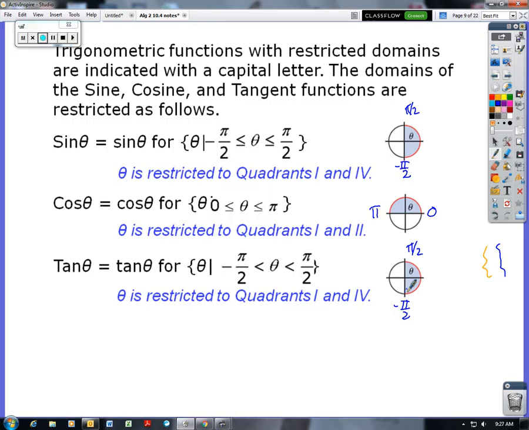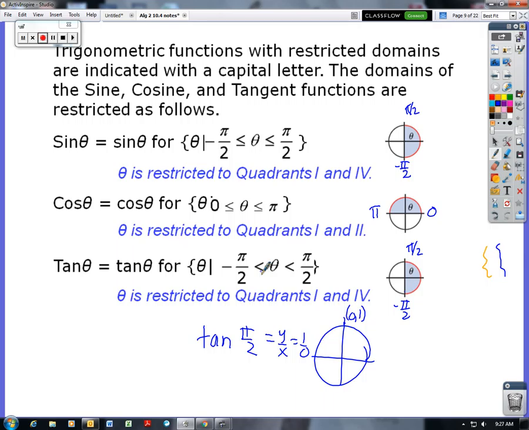It's impossible there. Because notice what happens if you do tangent of pi over 2. Remember on the unit circle, this point's going to be 0, 1. And tangent's defined as y over x, which is going to be 1 over 0. Notice that's undefined. So that's why there's no equal to's here, because they don't exist.